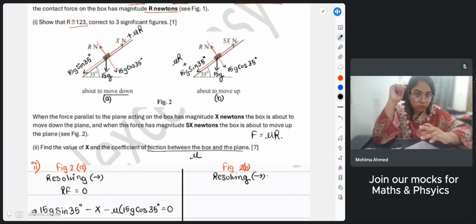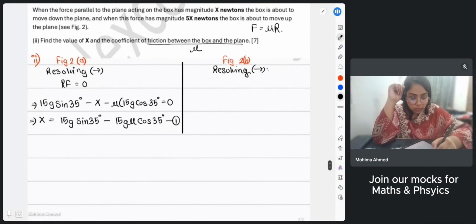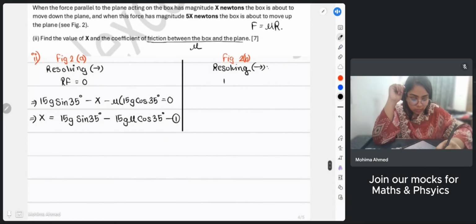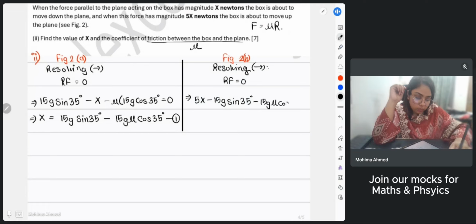So resultant force equals 0. Over here it's going to be 5x minus 15g sine 35 degree minus 15g mu cos 35 degree is equal to 0.